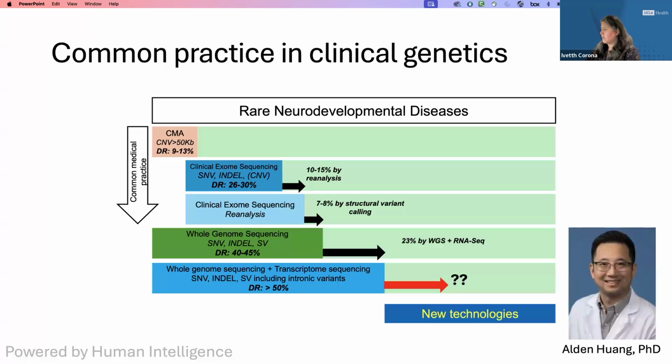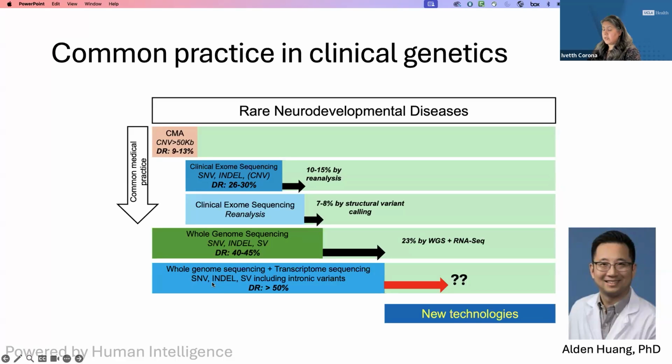And this slide, I took it from a colleague, Dr. Huang, that tries to show that there are different technologies that can help us diagnose rare diseases. This was specifically done for neurodevelopmental diseases. So you have chromosomal microarray, clinical exome sequencing, and reanalysis. You have also whole genome sequencing that now is more available to do clinically.